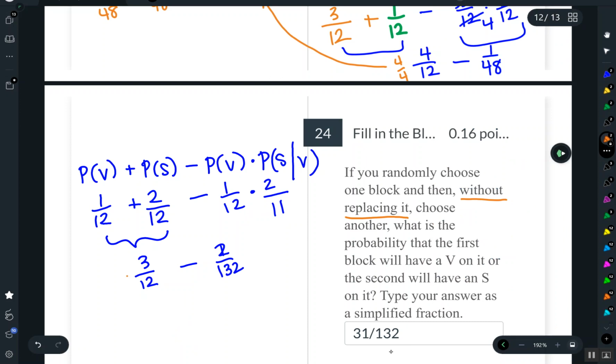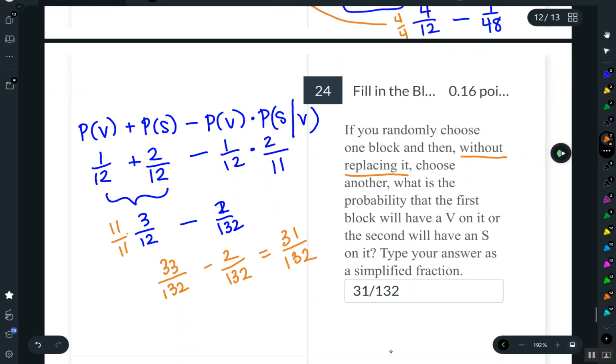That gives 2 out of 132 for the product. Now I'm going to multiply the other by 11 over 11 to get 33 out of 132 minus 2 out of 132 to get 31 out of 132. Which was the answer.